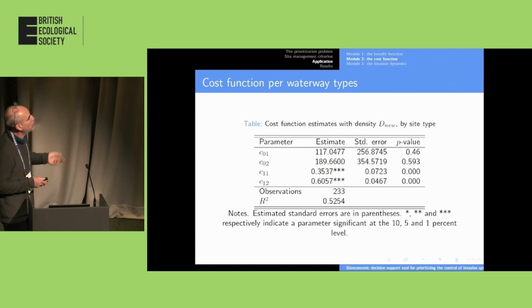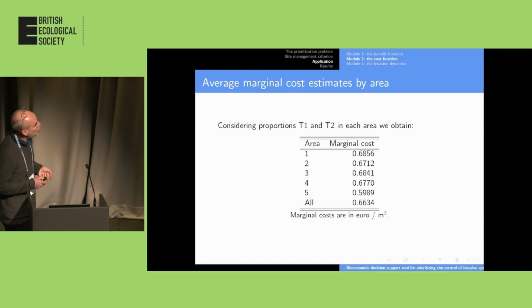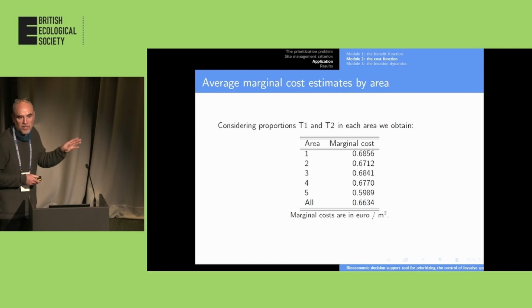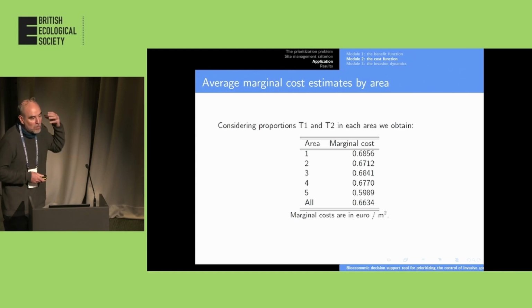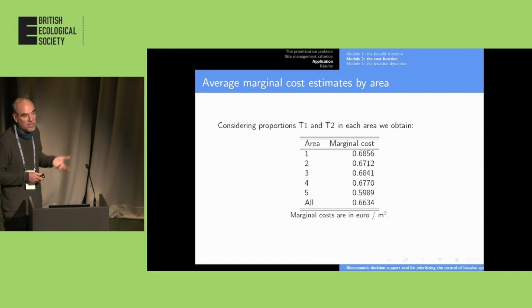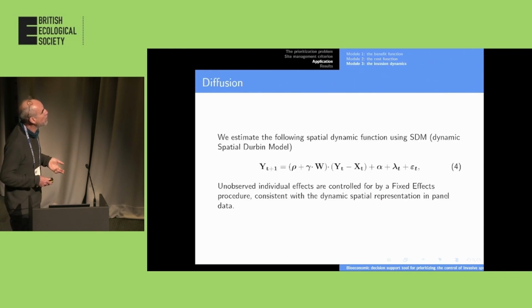In fact, it's much cheaper to treat wet areas than dry areas. But the main result was that wherever you go in the park, it costs basically the same to control the invasive species. There's no much lower cost in one area than in another. It's just cheaper to do it in wet areas.